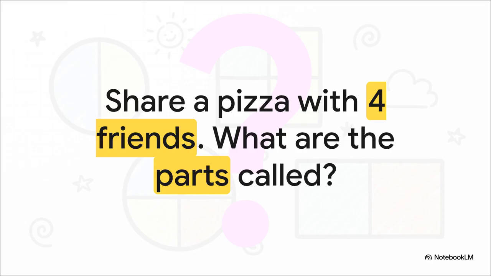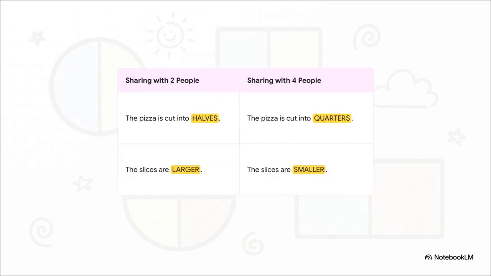So first things first, what is that architectural term for those 4 equal parts? You got it, quarters. And this brings us to a really important idea. Think about it. When you share with just 2 people, the pizza is cut into halves and the slices are huge. But when you share that same pizza with 4 people, it's cut into quarters and the slices get smaller. So the more equal parts you partition something into, the smaller each of those parts becomes.